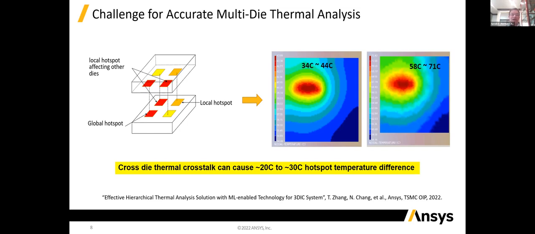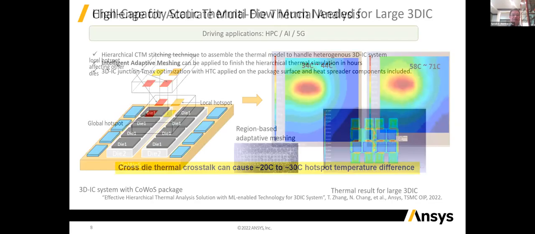But when the top die hotspot and the bottom die hotspot line up together, the global hotspot becomes 58 to 71 degrees. This demonstrates that it could be a serious problem when you stack up the dies vertically.